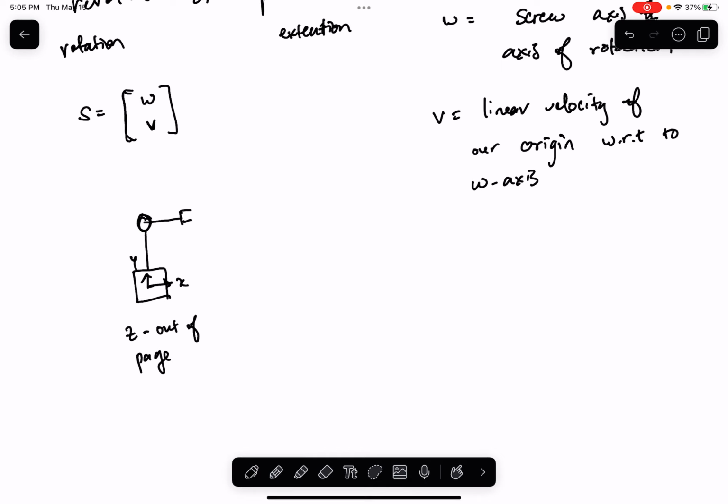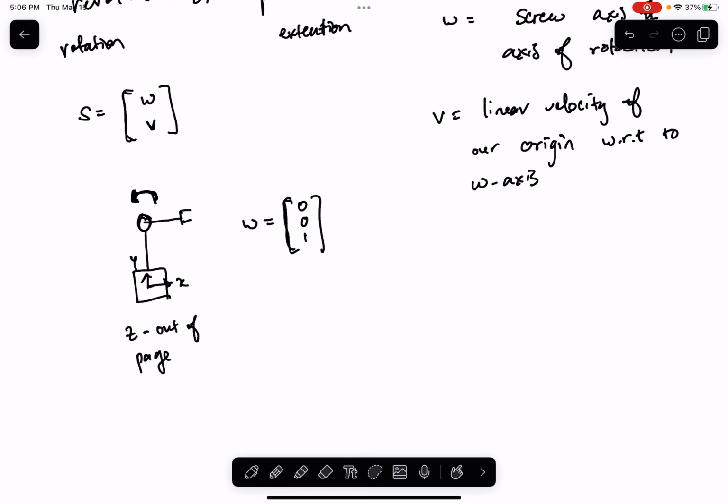And let the angle of rotation for this joint, or the rotational direction, be counterclockwise. Now, using the right-hand rule, we can tell that the axis of rotation is the positive z direction. So that makes our omega 0, 0, 1, and this is going to be in terms of our base frame. So 0, 0, 1 in terms of the base frame.